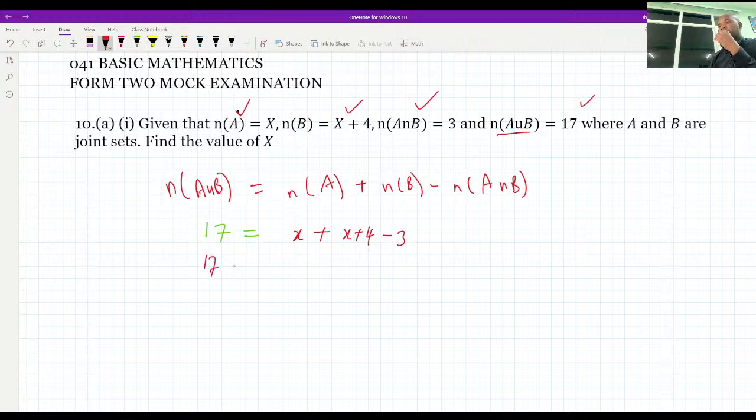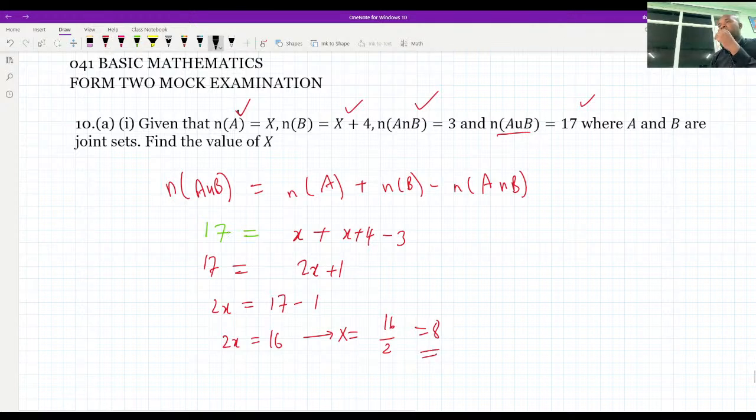So 17 will be equal to 2x plus 1. Combining like terms, 2x will be 17 minus 1. 2x will be 16. And from here we see that x will be 16 over 2. We get x equals 8.